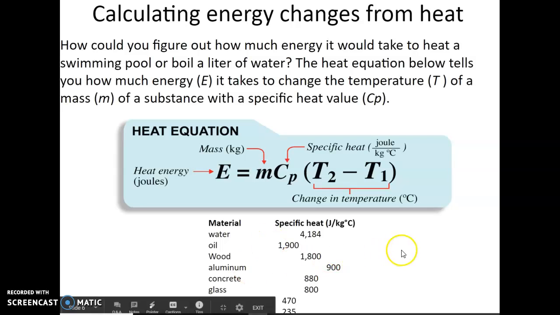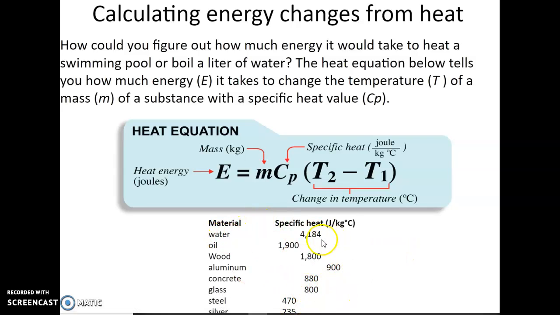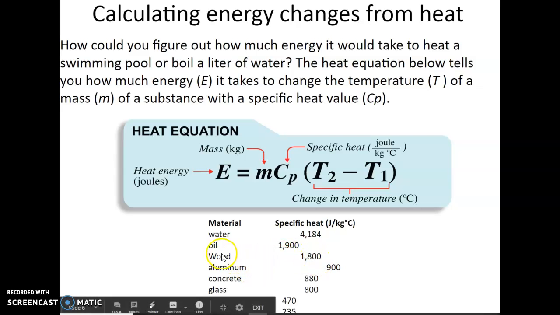Here are some specific heats of different materials. You can see the specific heat of water is 4,184 joules per kilogram degree Celsius. That's how much heat energy is required to change the temperature of only 1 kilogram of water by 1 degree Celsius. That's a lot of heat energy. Oil is 1,900 joules per kilogram degree Celsius, and you can see the rest of them here.